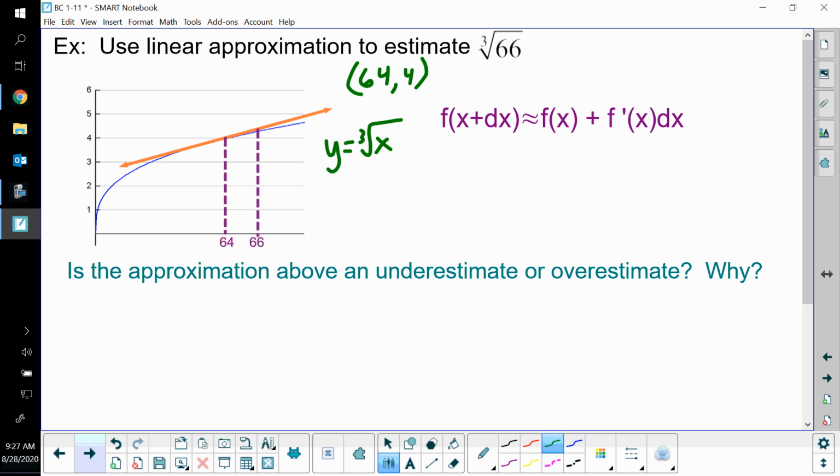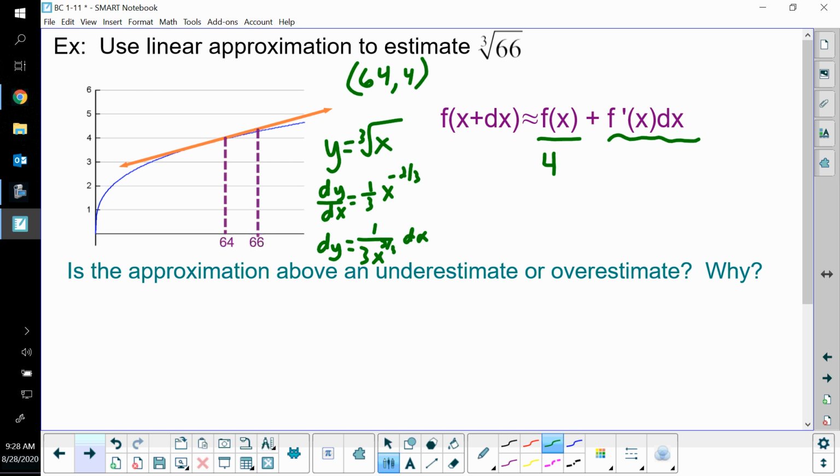So we'll have to take our derivative. So this will be 1/3 x to the minus 2/3. So dy is really 1 over 3x to the 2/3 times dx. And that's going to be this part here. The f of x is the nice y value at that point of tangency.